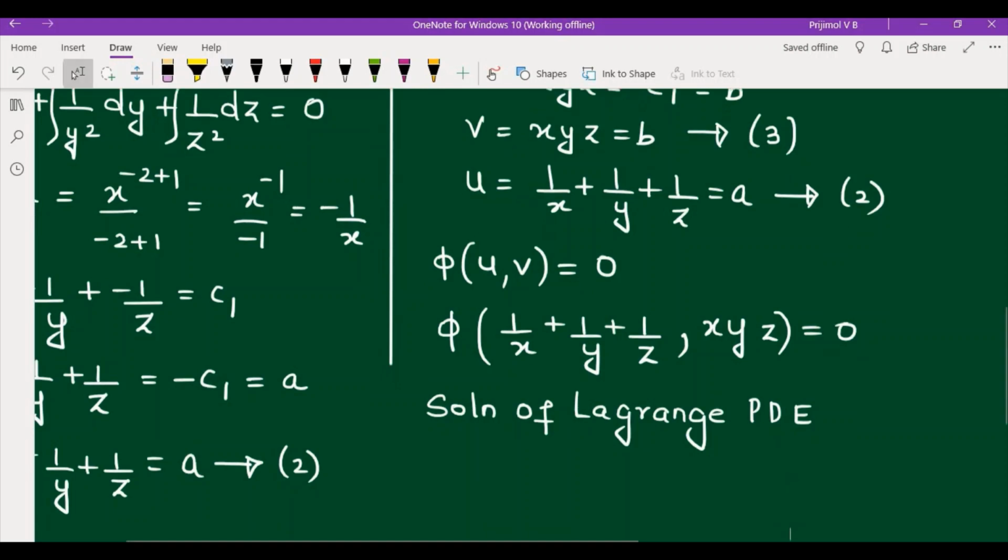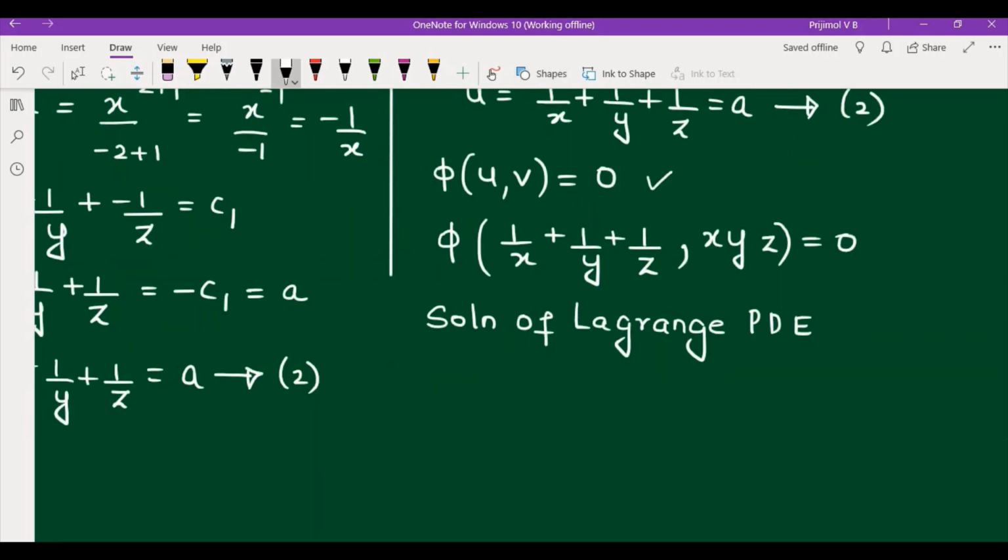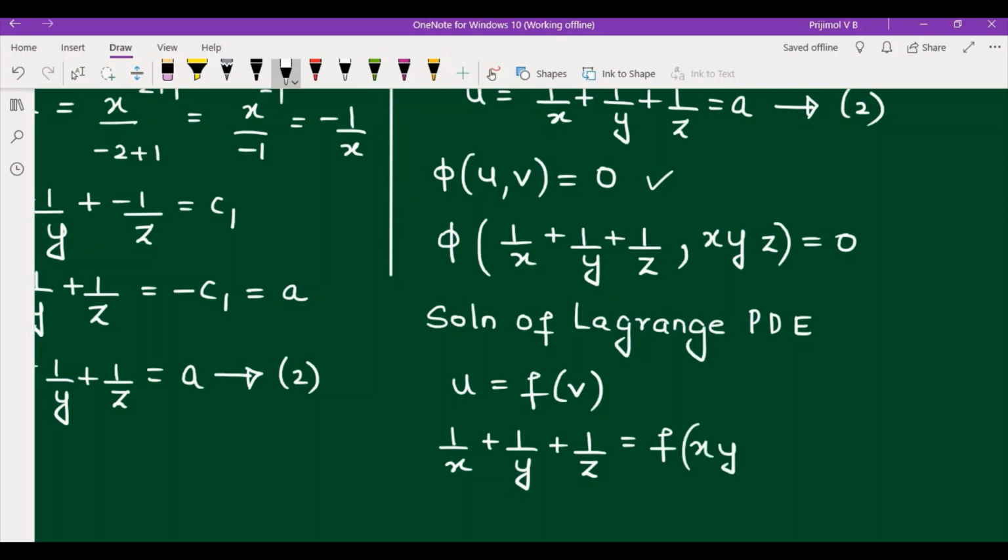Either you can write in this way, this is one way of writing, or else you can write u is equal to f of v. This is also another way of writing the solution. So 1 by x plus 1 by y plus 1 by z is equal to a function of x, y, z. This is also a solution. These two are the different methods or interpretations of writing a solution.